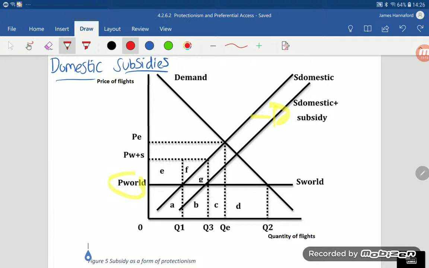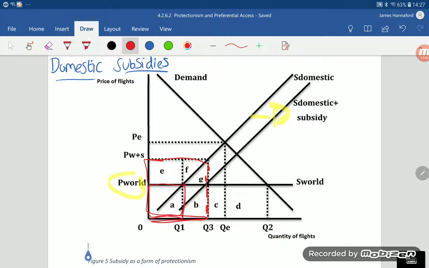So on our diagram, we can see that the domestic producer, the revenue was initially just A. However, after the introduction of the subsidy, they were now supplying 0 to Q3, but, and this is the key thing here, they had now increased their revenue to A, B, E, F, G. In other words, EFG represents the subsidy, but it should still be included in the firm's revenue as the firm is earning this money as well as the income from selling the number of flights.